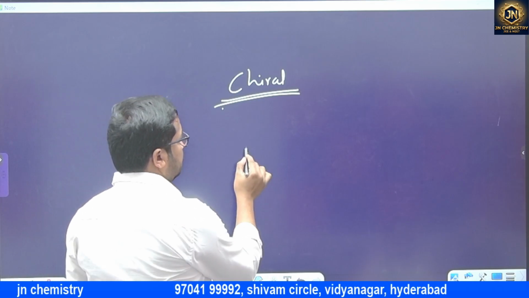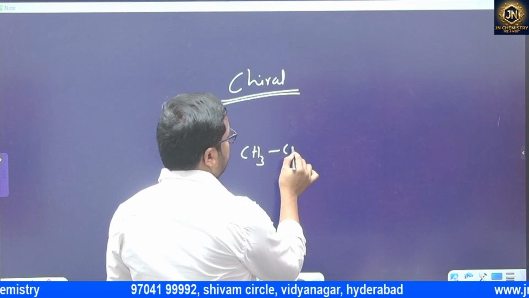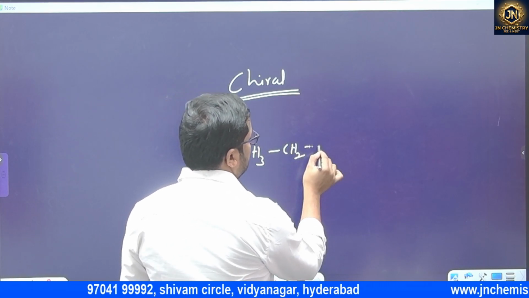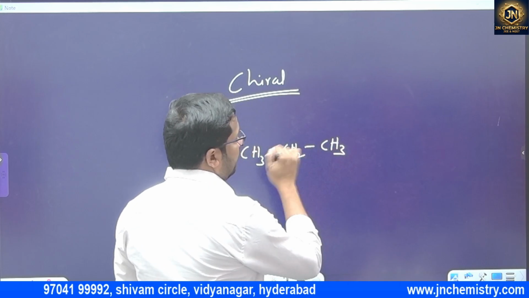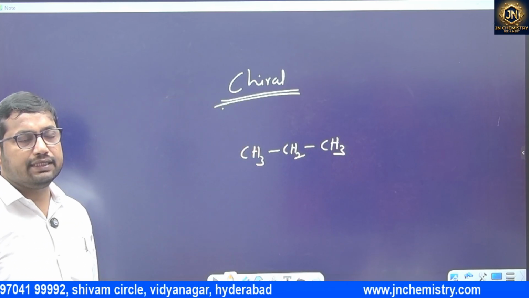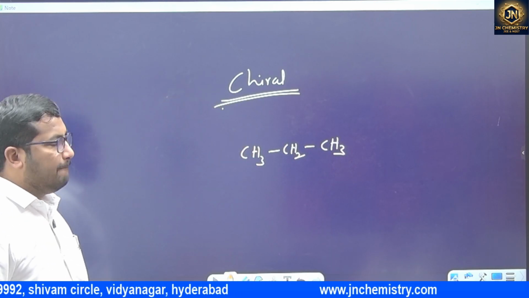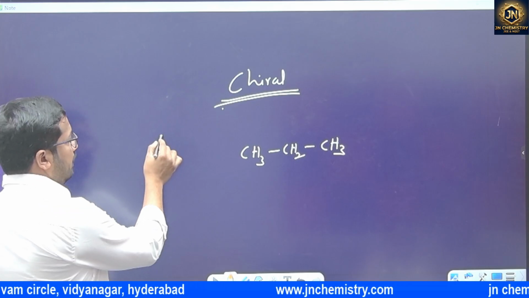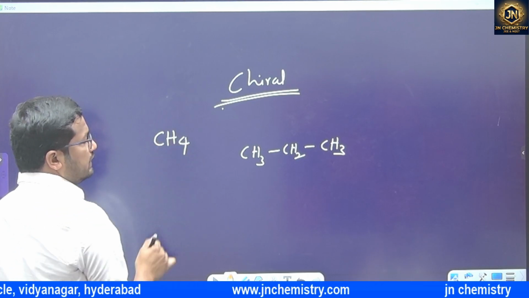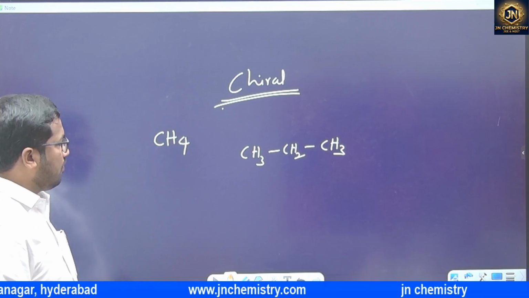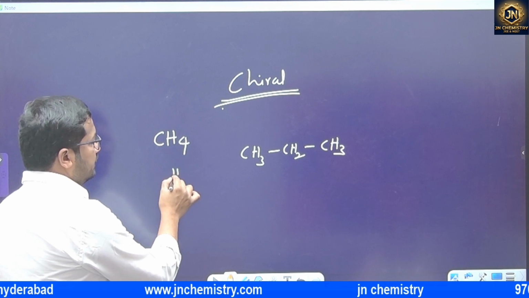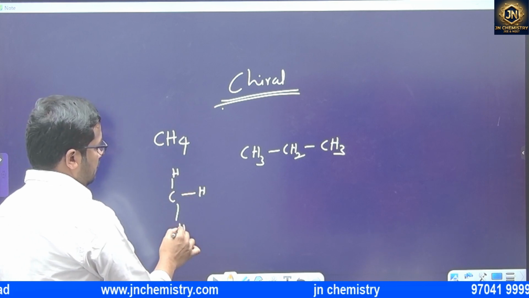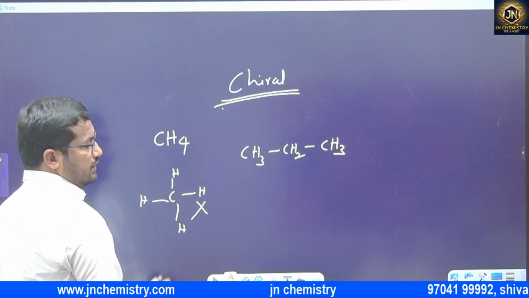For example, CH3 CH2 CH3. Does this molecule have any chiral center? For example, does CH4 have any chiral center? The 4 hydrogens are the same, right? Not a chiral center.